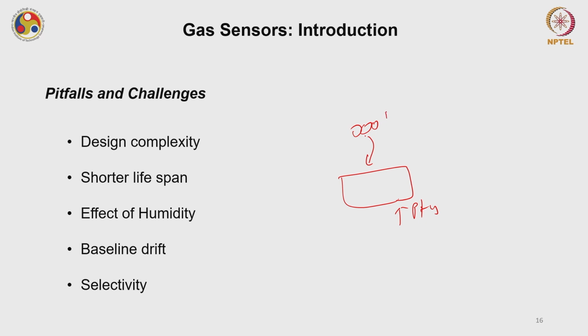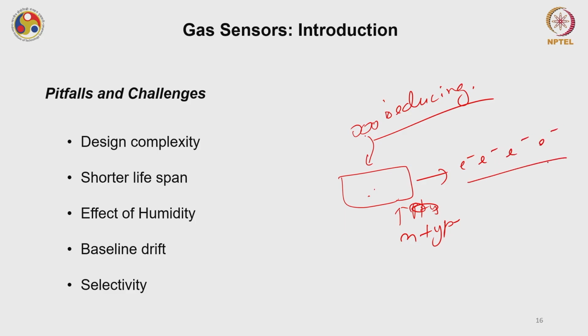Because of this reducing gas, when this device is subjected to this gas, say it is an n-type material. The initial conductivity of this film was because of the flow of electrons.